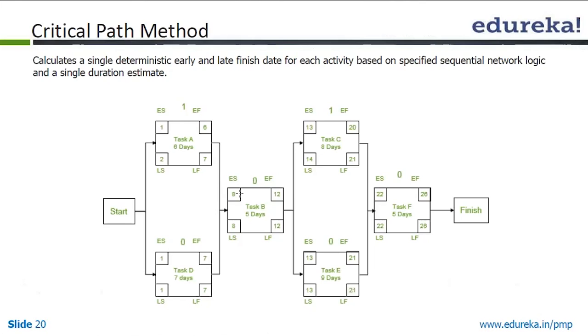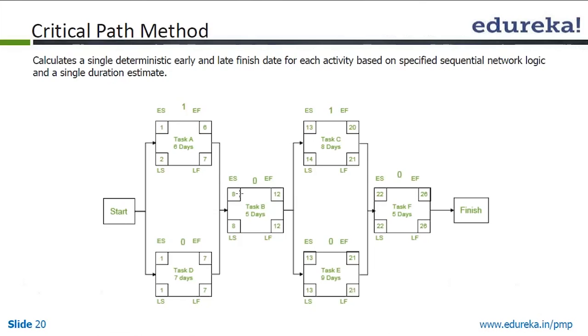Now we go to the next one. Out of the two, in this particular case on a backward movement, we take the least of the two. In forward pass, we take the higher of the two. In the backward pass, we take the lowest of the two. So 14 and 13, 13 is the lowest. So 13 minus 1, 12 becomes your late finish for task B. So 12 minus 5 is 7, 7 plus 1.